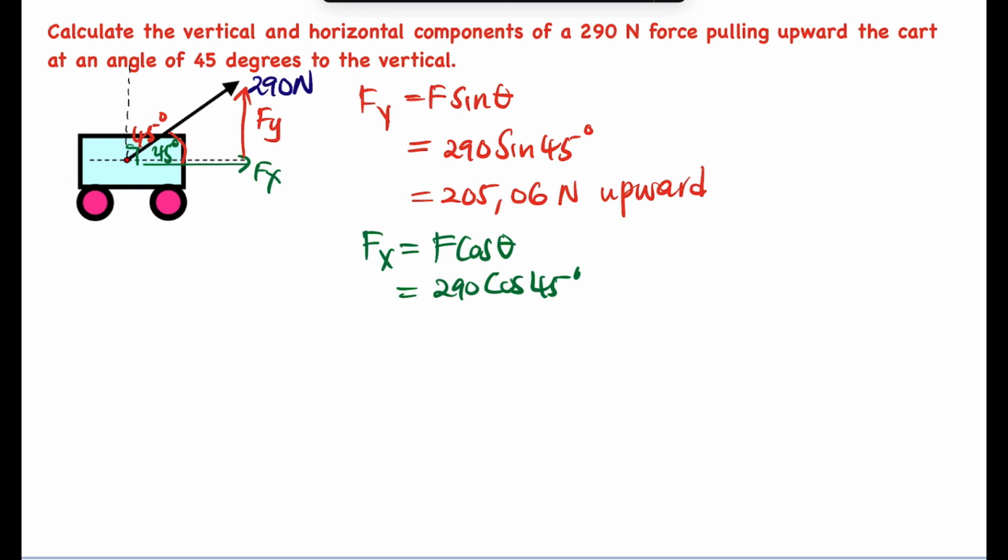So punching that in the calculator, it will be the same answer, 205.06 newtons, and your Fx is going to the right. I hope you get the difference between the previous answer and this.